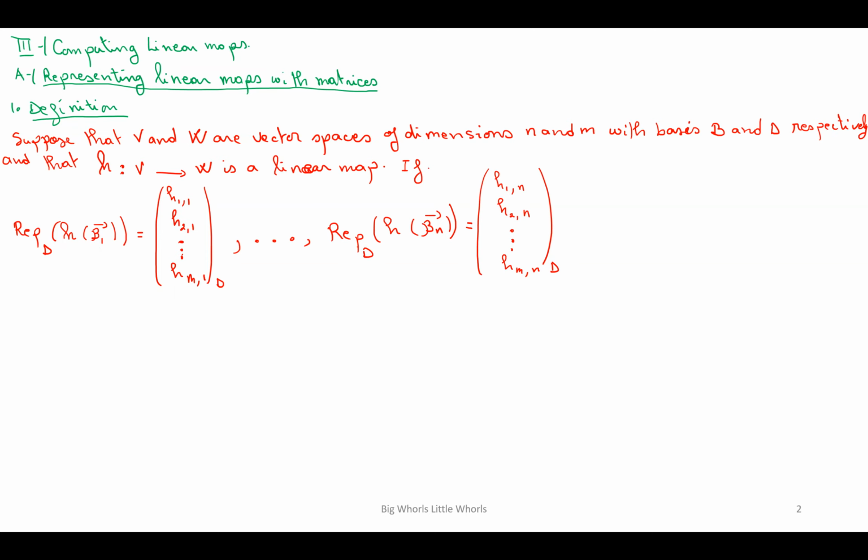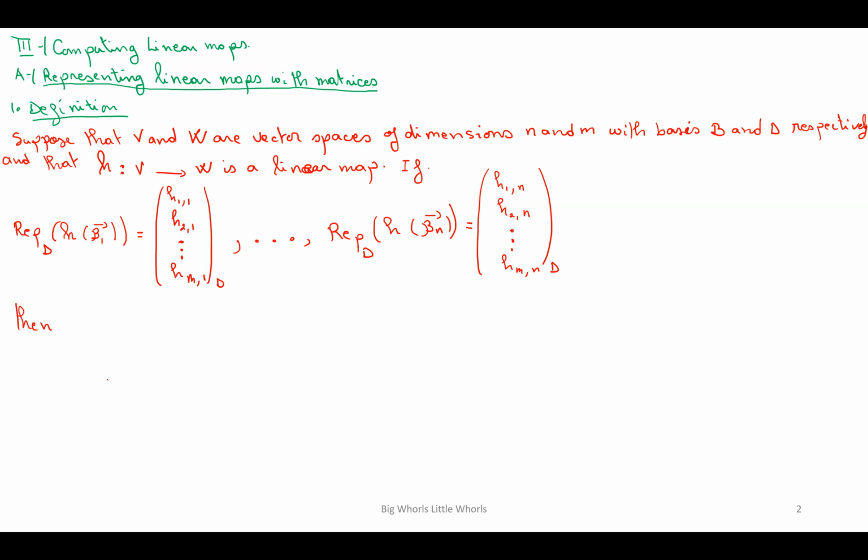So once we have represented with respect to D the images of the vectors of the domain basis, the definition says that just concatenating these representations gives the matrix representation of the entire linear map.